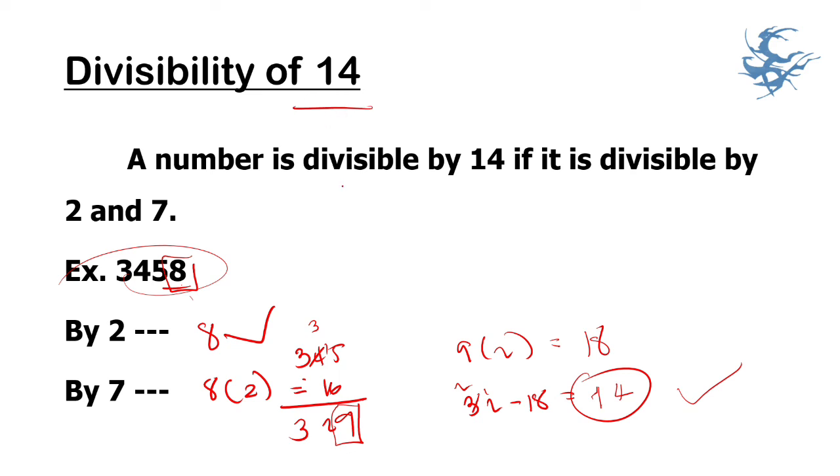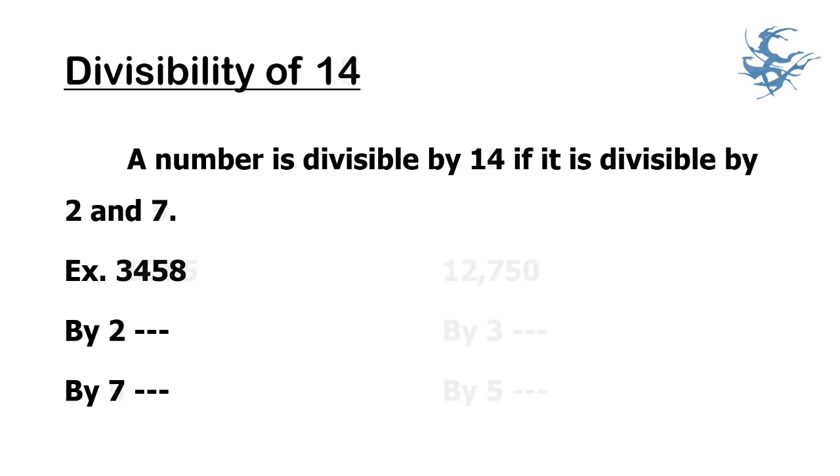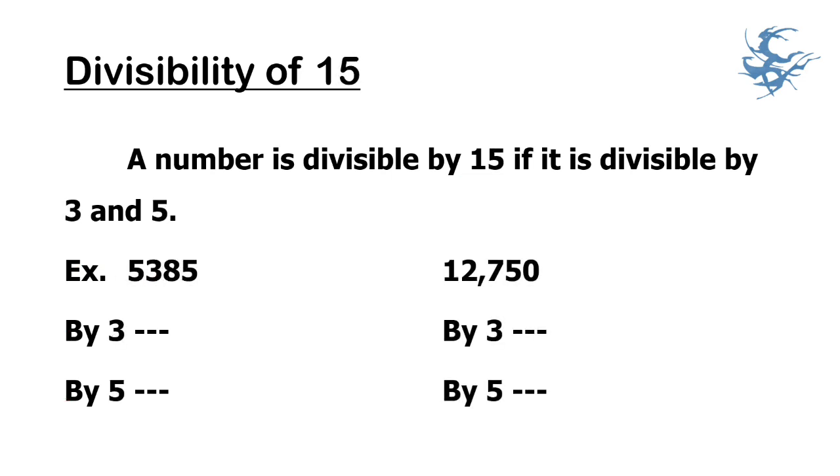So, tatlong divisibility rule na yan. Okay? Now, let's go with divisibility of 15. A number is divisible by 15 if it is divisible by 3 and 5. Okay? Now, sa divisibility rule of 3, i-add lang natin. So, 5 plus 3 plus 8 plus 5. 5 plus 3 is 8.